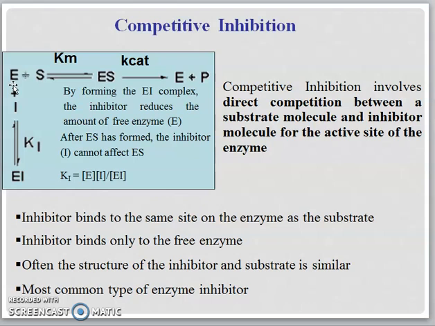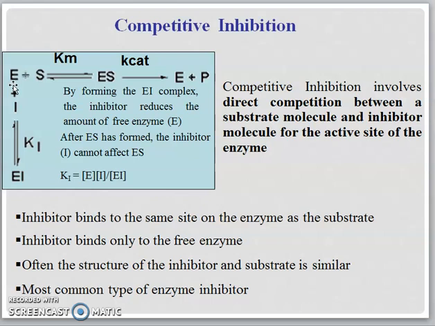Often the structure of the inhibitor and substrate is similar, because the active site has a specific shape, so only the specific substrate or inhibitor can attach to the site. This type of inhibition is the most common type of enzyme inhibition.